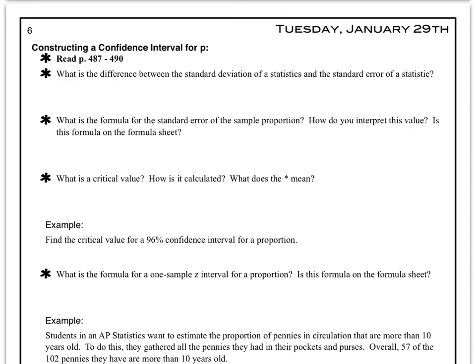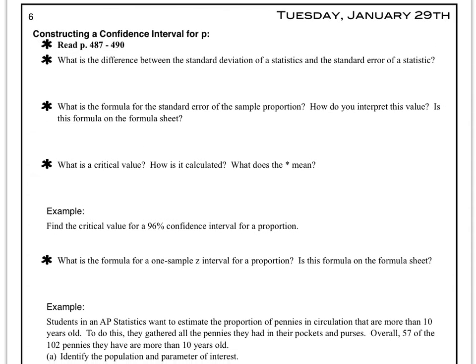So since we've talked about checking the conditions, let's break down that formula, that statistic plus or minus critical value times the standard deviation of the statistic, into an actual formula for p hat and to estimate p. So my confidence level, if I'm talking about my statistic, well, that means I'm talking about p hat, because that's the statistic I calculated for my sample, plus or minus, okay?